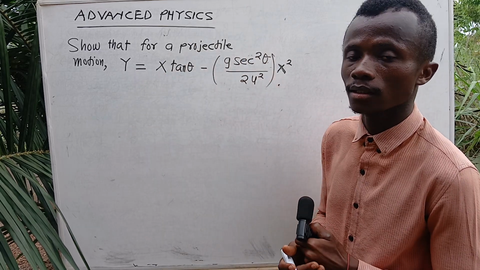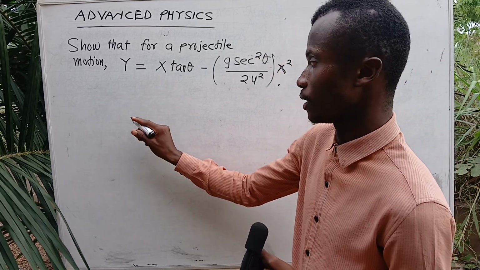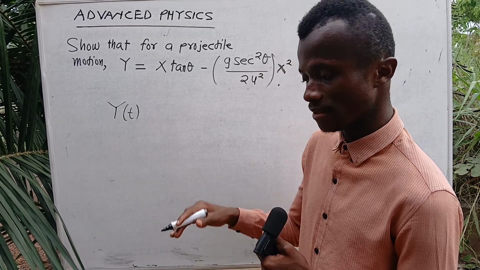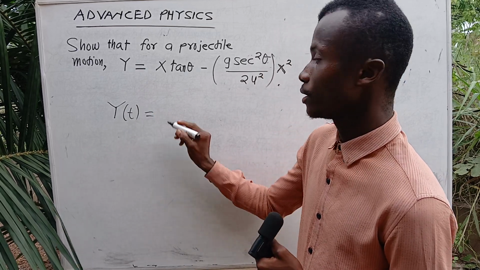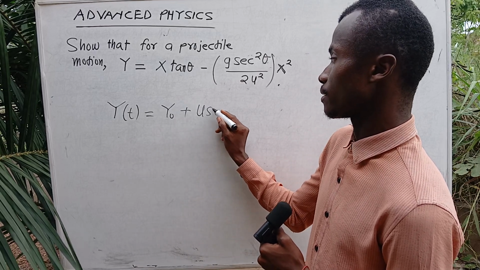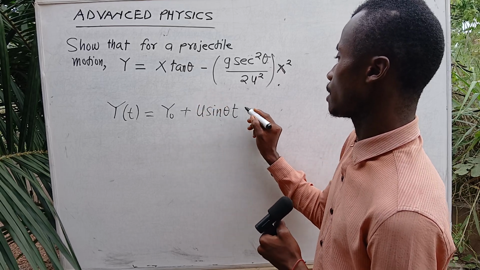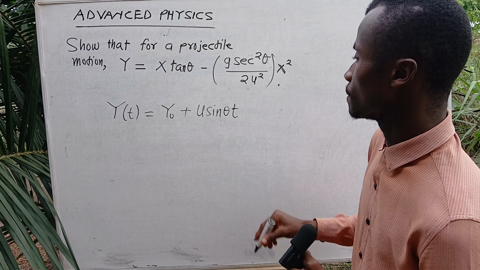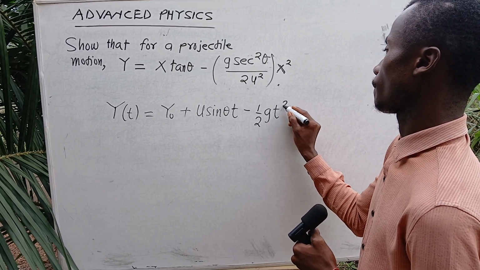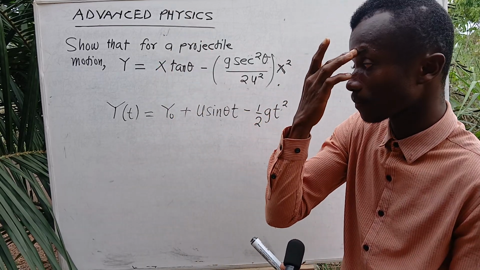Let's show that. And this equation can be shown knowing very well that for every projectile motion, the time evolution of the vertical position function is equal to the initial position, which is y naught, and then plus u sine theta, of course, times t, and then minus half g t squared. That is if you choose your increasing direction of y upwards.